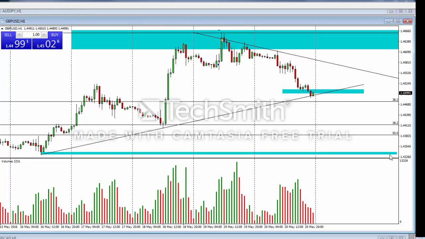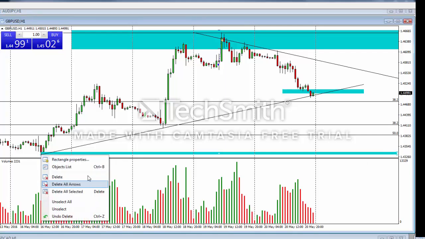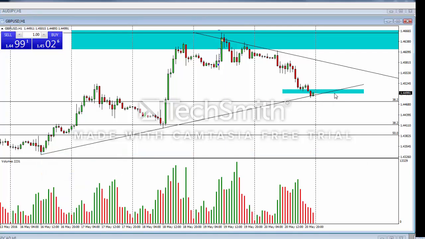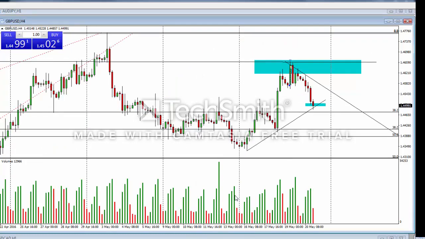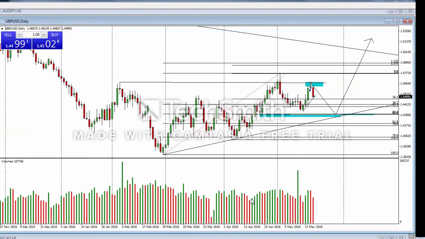So with that in mind, we're going to be looking for lower levels, but we are going to be aware of this level here. Come Monday morning, could take a shot at it, see what happens if we get a decent setup. But more than likely, we're going to be waiting for this level down here.